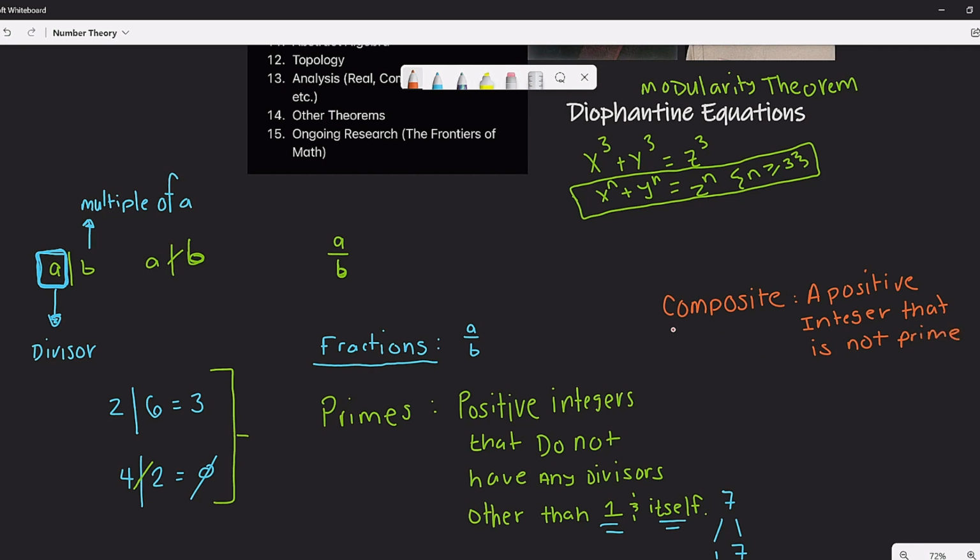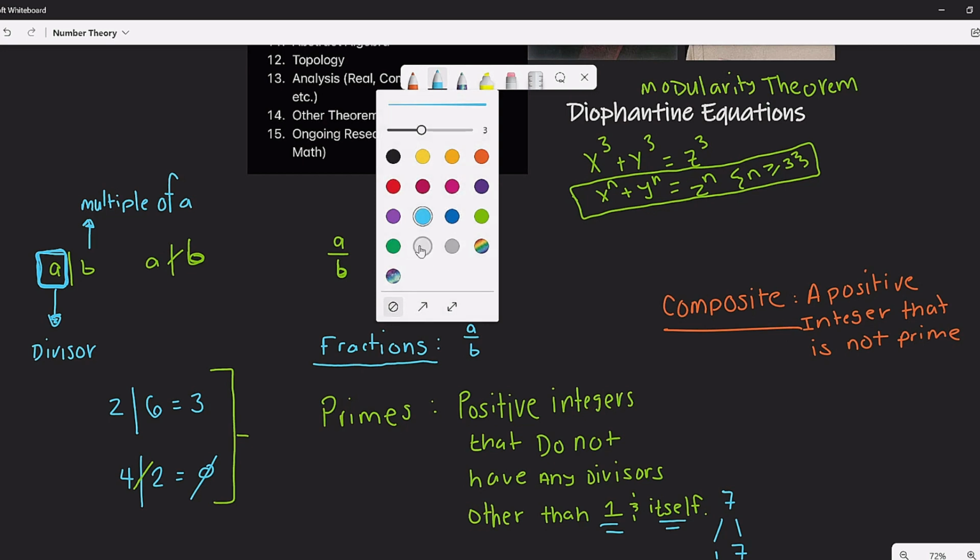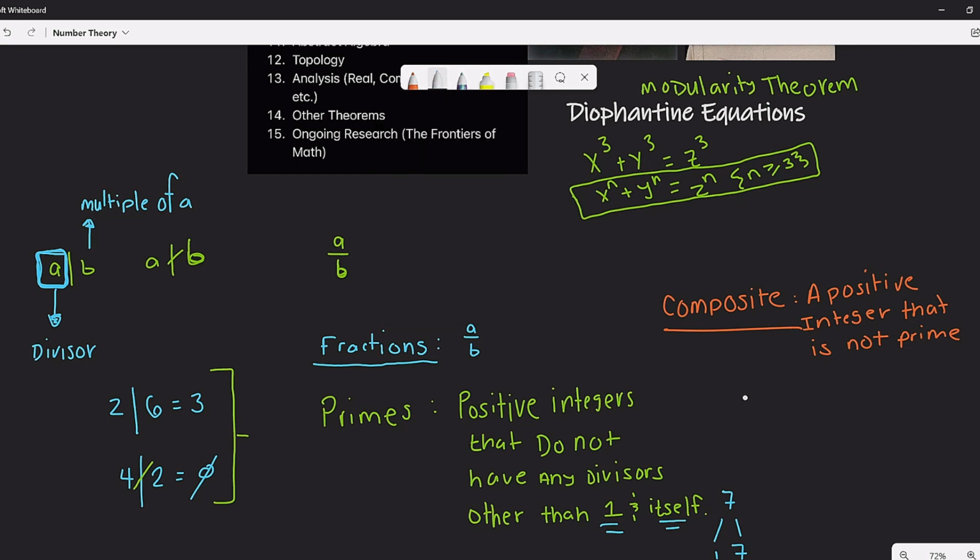Another class is just 1. 1 is itself a class. The number 1 is itself a class, and that class is called the unit. That is the word we have assigned to the number 1. We are calling it a unit.